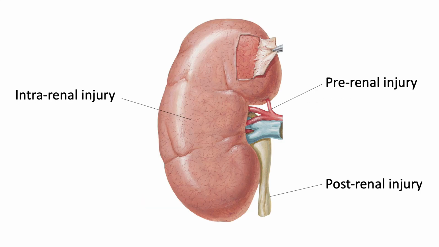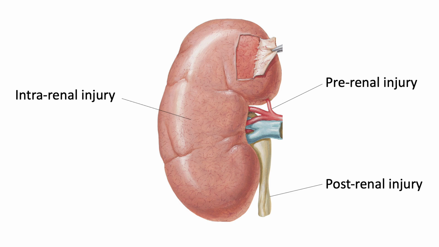It's helpful to think about acute kidney injury in these 3 broad categories: pre-renal injury, intrarenal injury, and post-renal injury. Pre-renal injury usually deals with problems of blood flow or perfusion, but the problem is before the kidney, which is why it's pre-renal.